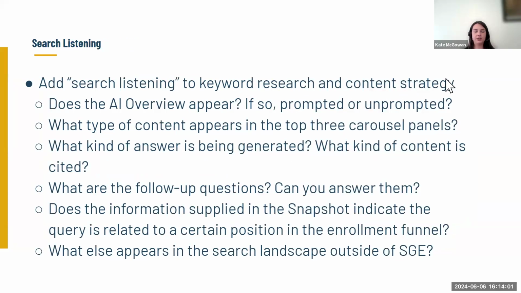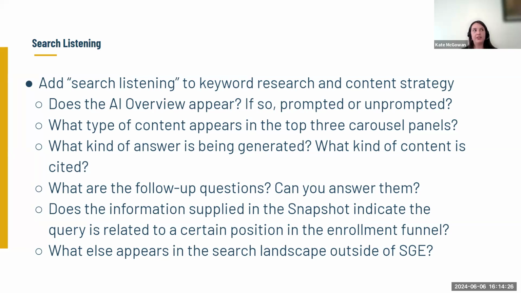And finally, you're going to want to implement actual review of the Google search results, of the AI overview, in your keyword research. So we refer to this step in keyword research as search listening. So search listening is really going to be critical in the future of content marketing and ensuring that your keywords are speaking to your users and your website.